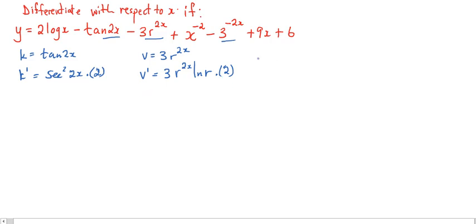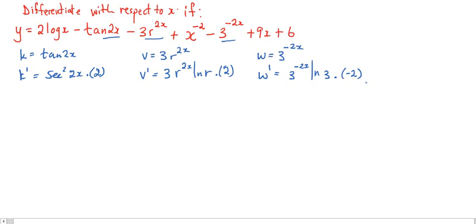Okay, let's also do this one separately. Let's call this one w, which is 3 to the power of minus 2x, and the derivative of w is going to give us 3 to the power of minus 2x, the ln of 3, multiplying by the derivative of the exponent with respect to x.